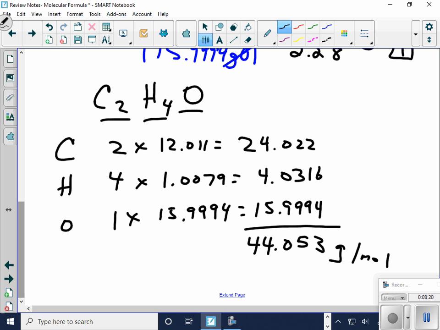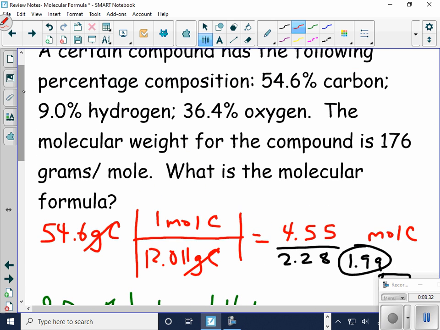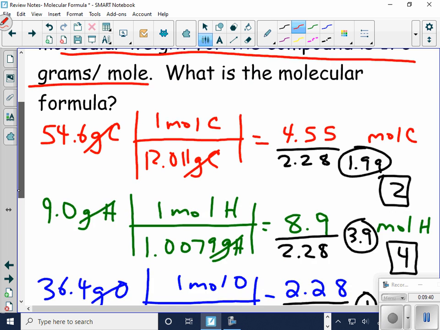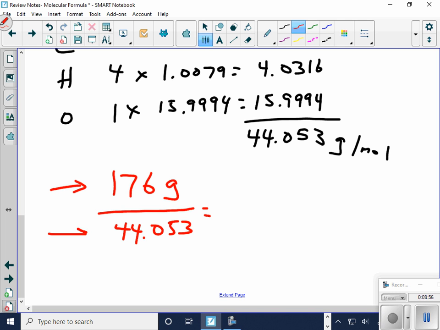I'm still not done. These are long problems here, folks. I'm still not done because that's the mass of my empirical formula. Way back in my problem up here, they told me that the molecular weight is 176 grams per mole. So I'm going to take 176 grams. I'm going to divide that by the 44.053. Why? Well, this is the molecular weight. This is the empirical weight.